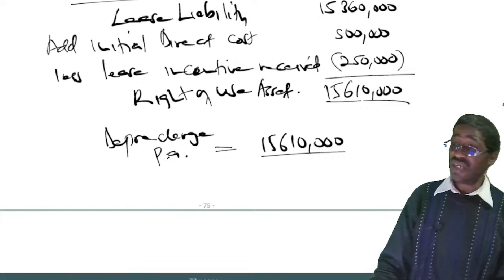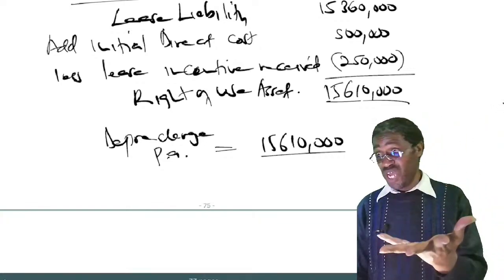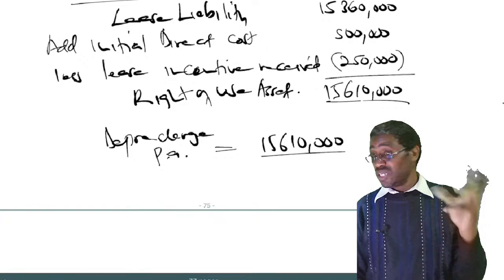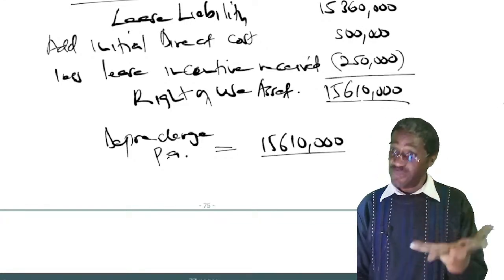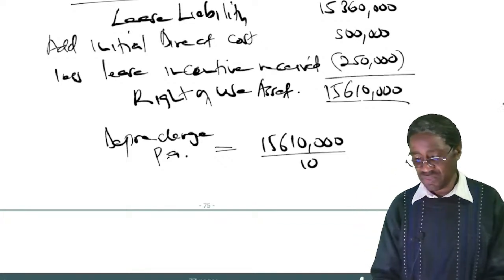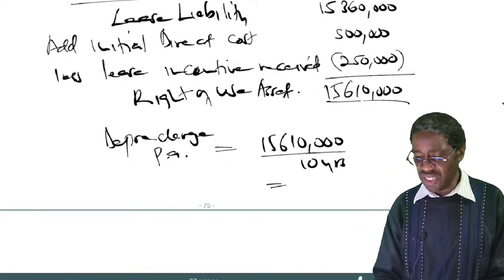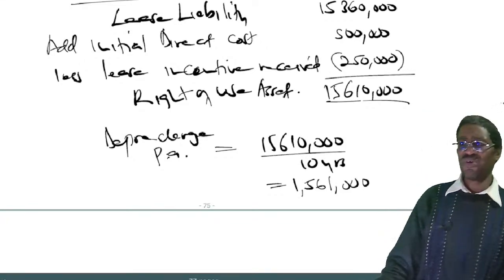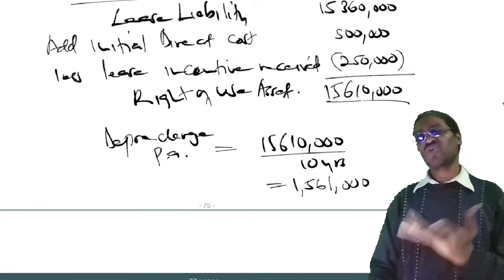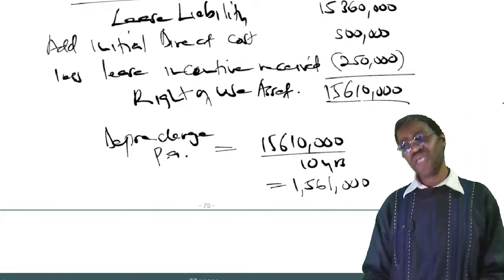We are told nothing about the useful life of the asset. So we are depreciating it over 10 years. So every year we are charging 1,561,000. That's what we shall depreciate every year.